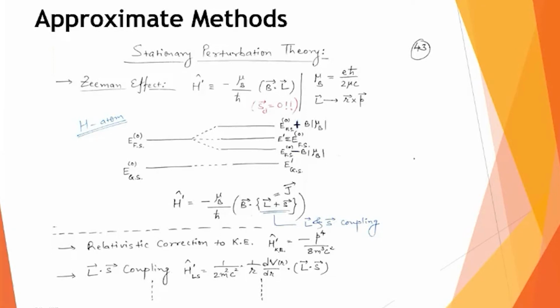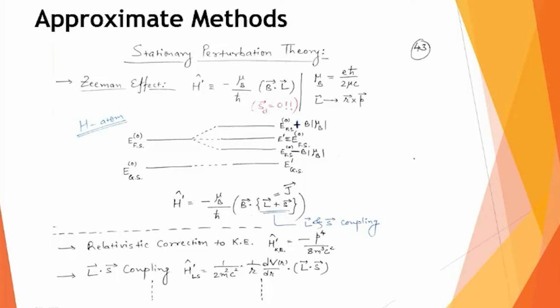But when I include the spin, it's not only the orbital angular quantum number but also the spin of the electron. Let us say I put my hydrogen atom in an external magnetic field, and you know that the electron spin is also playing a role. So if I now write the total angular momentum, not just L but L plus S, then you also have to consider how the orbital angular quantum number and the spin quantum number of the electron get coupled.